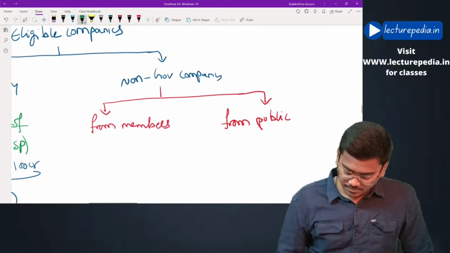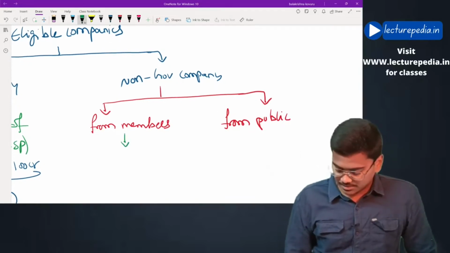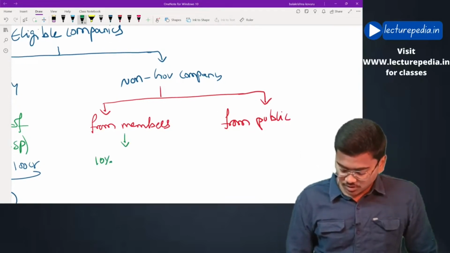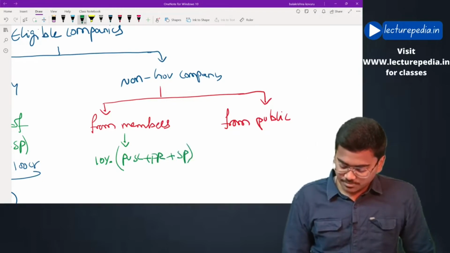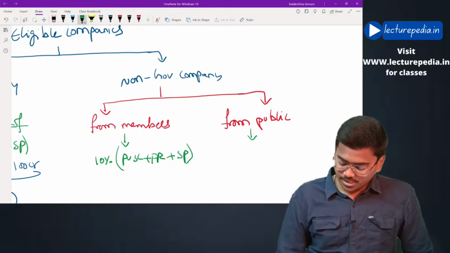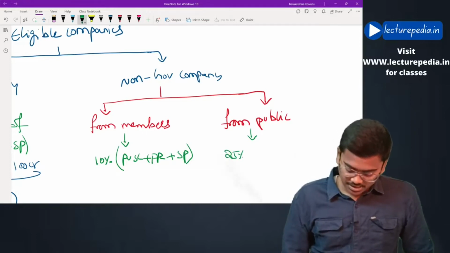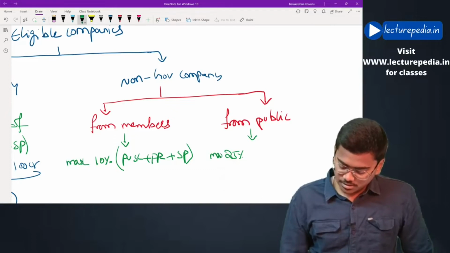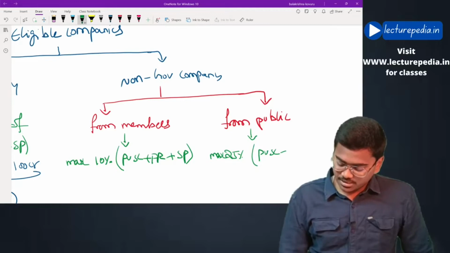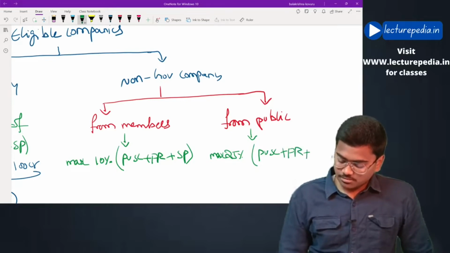Here it is from members 10% of paid up share capital plus free reserves plus securities premium. And here from public maximum, you can write the word maximum, here also max 25% of paid up share capital plus free reserves plus securities premium.